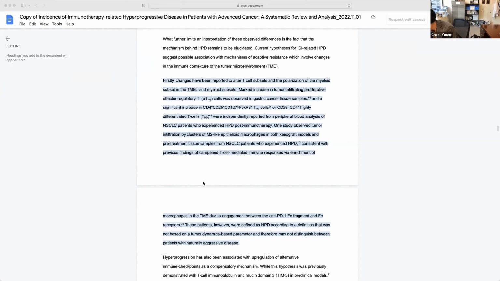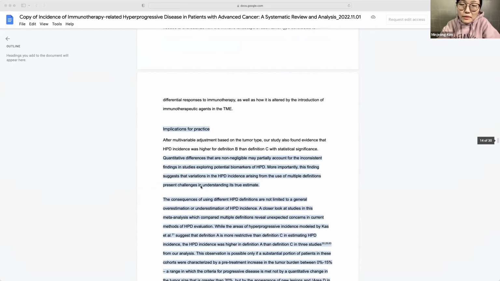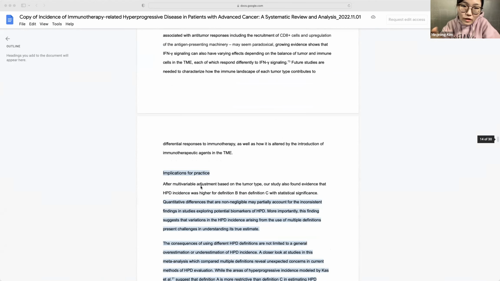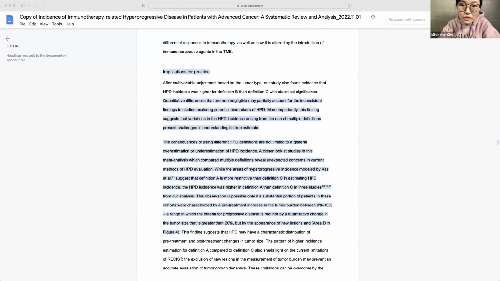And then one thing that both reviewers had commented on was, so yeah, we see that the incidence varies by the tumor type, but so what? What are the clinical implications?